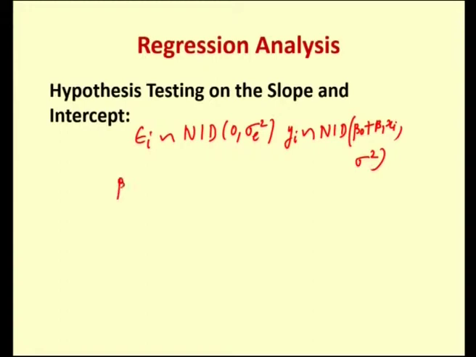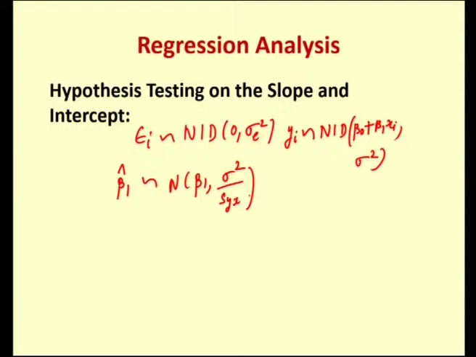We know that beta 1 cap is a linear combination of observations from the least square estimator, and it follows normal with mean beta 1 and variance sigma squared by Sxx.